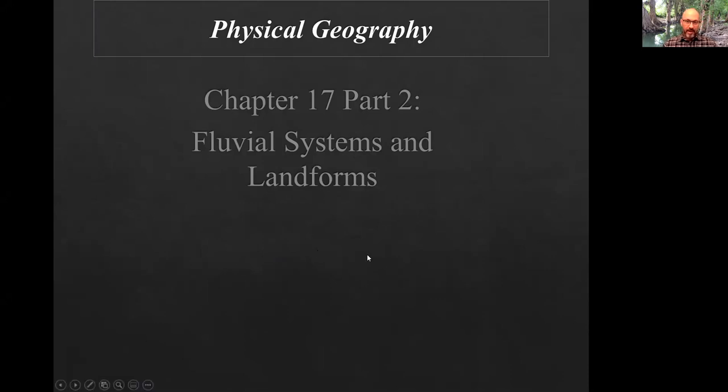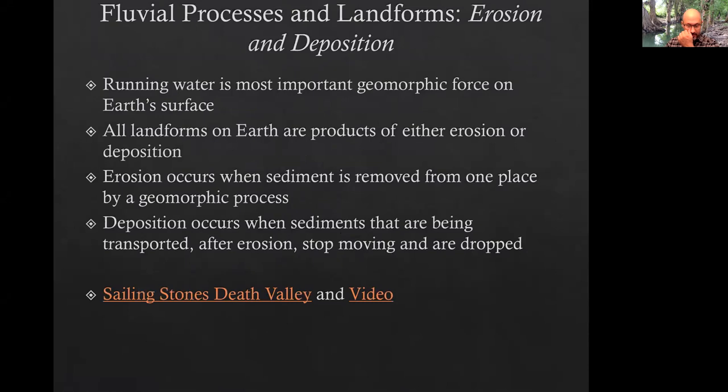So last time we talked about fluvial geomorphology, and we looked at the process of water moving across the Earth's surface. Running water is the most important geomorphic force on the Earth's surface, as I mentioned before. Every landform shape you see and interact with is a product of either material being removed, erosion, or material being deposited somewhere.